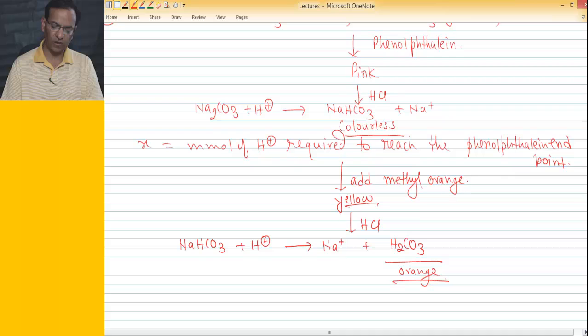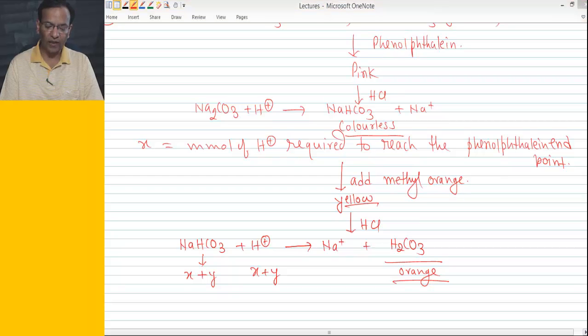But in this step, the millimoles of sodium bicarbonate being titrated is equal to x plus y. x produced from sodium carbonate and y original. So the millimoles of H plus required will be x plus y.